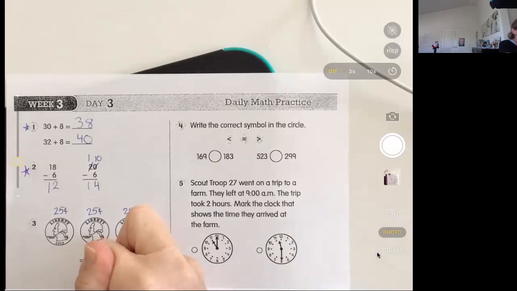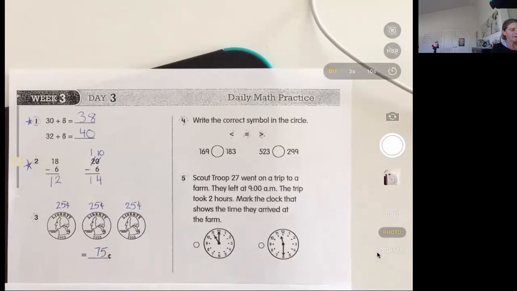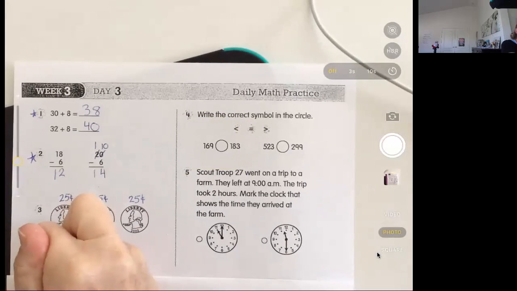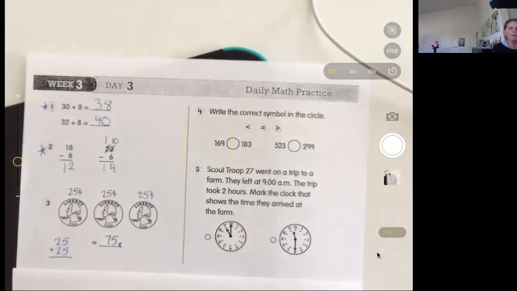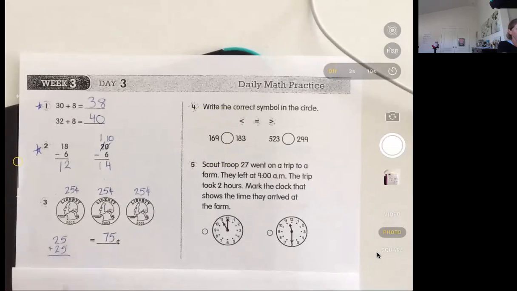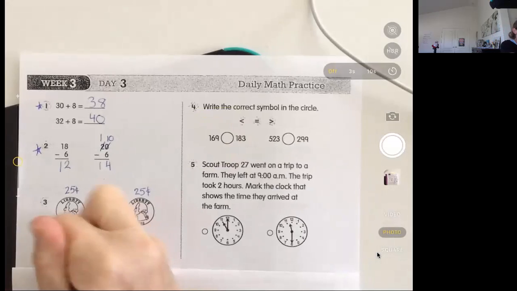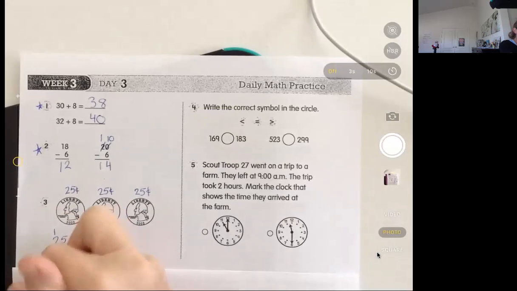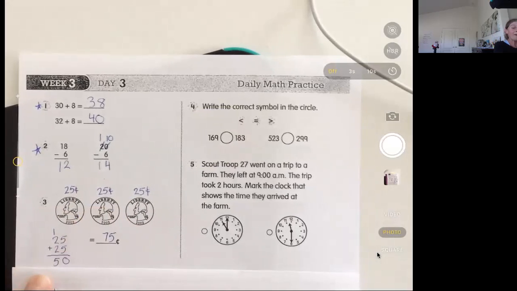Now, what if you just don't know all that math all in your head like that? Well, let's look at how we could solve this. If I know that quarters are worth 25 cents, I could make a little problem for myself over here. 25 plus 25. I know 5 and 5 is 10. 0 goes down. I made a new group. 2 and 2 is 4, plus 1 more makes 5. Now I'm at 50 cents.